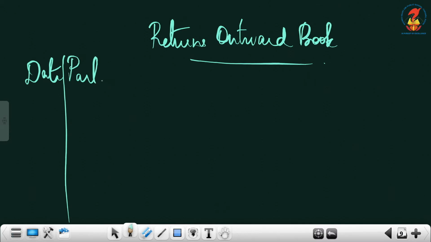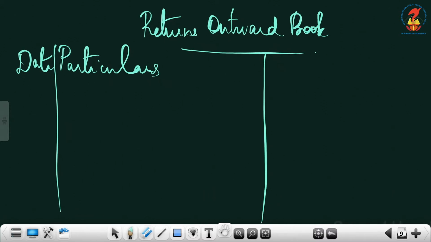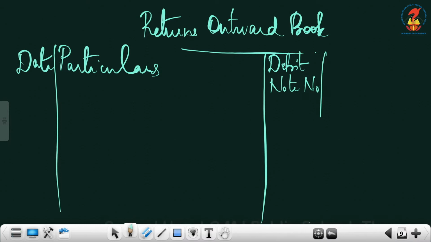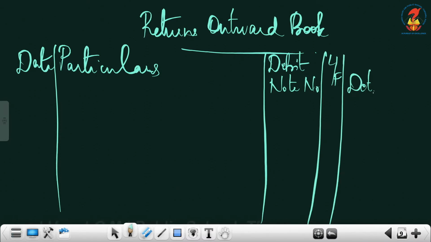Date column we need, then particulars, then instead of credit note number, previously we wrote credit note number. Since this is purchases return, you must write debit note number, then LF column, details, and then amount.